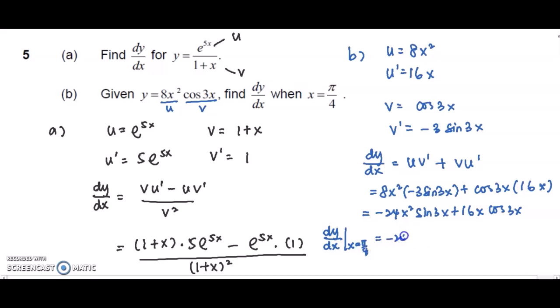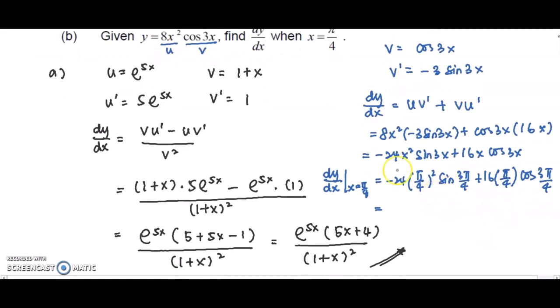Just put in the 24. This one will be pi over 4 squared. And pi over 4 you put in, you will get 3 pi over 4, plus 16 multiplied by pi over 4. And the 3x again, you got a cos 3 pi over 4. So with assist of calculator, you can calculate the answer now.